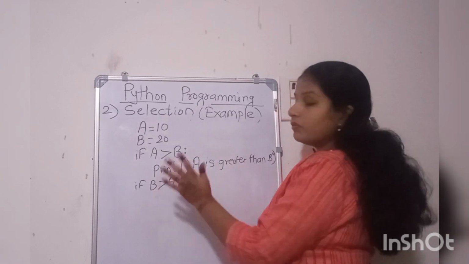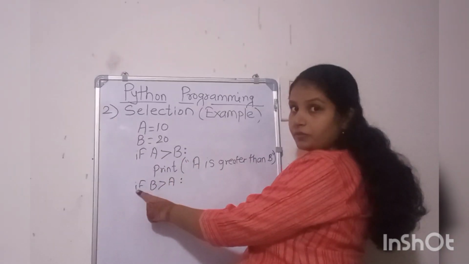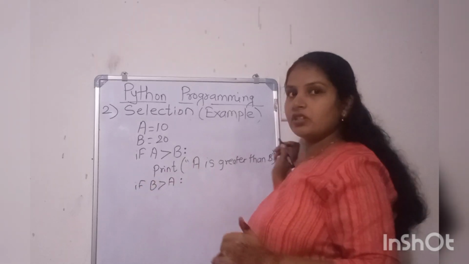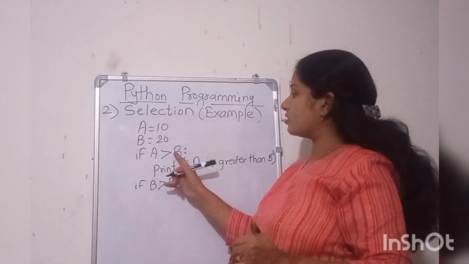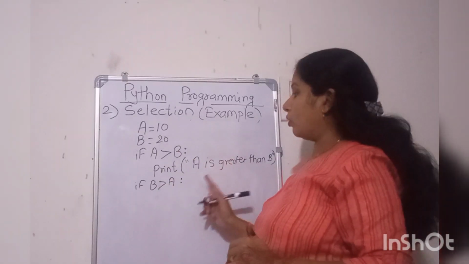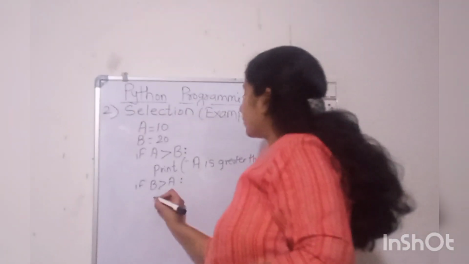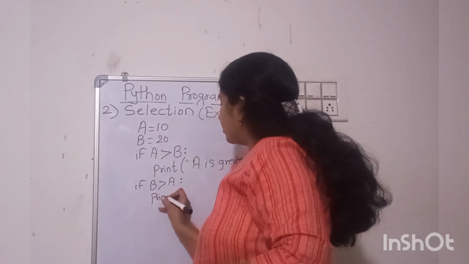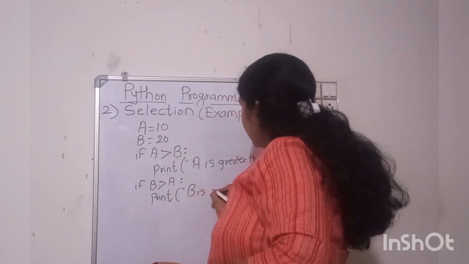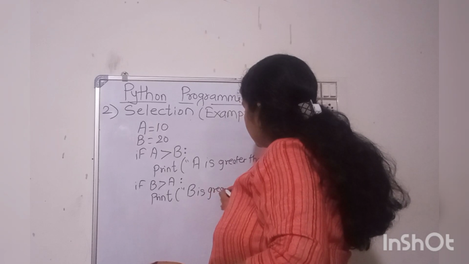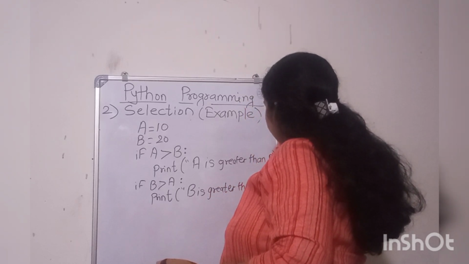You will wonder how the next instruction will start, because this is another condition that you are giving. So it starts with another indentation block. This is called an indentation block. I am checking the other condition: if b is greater than a, then print b is greater than a.